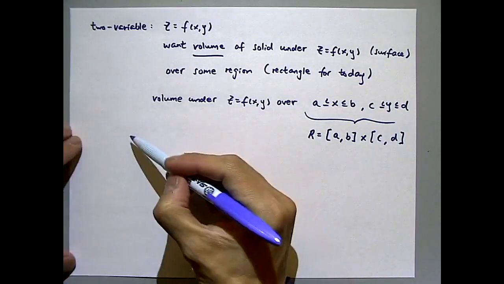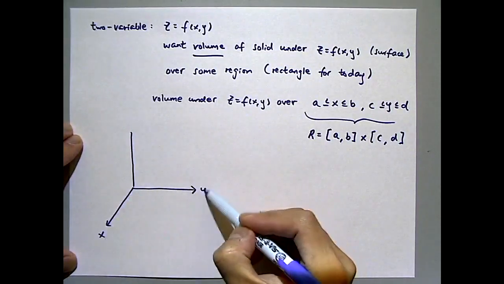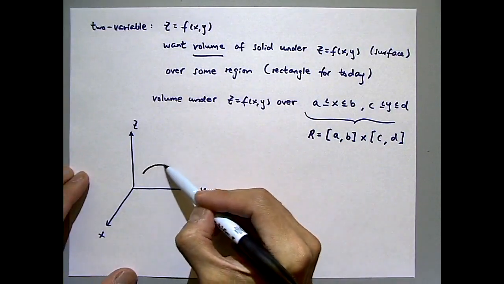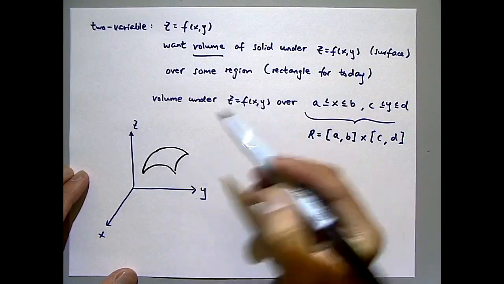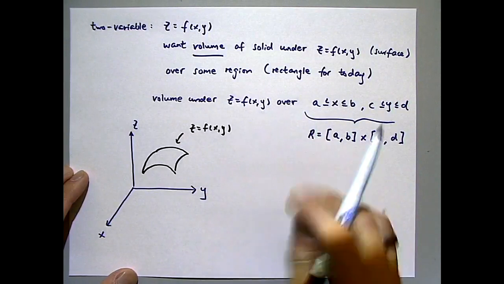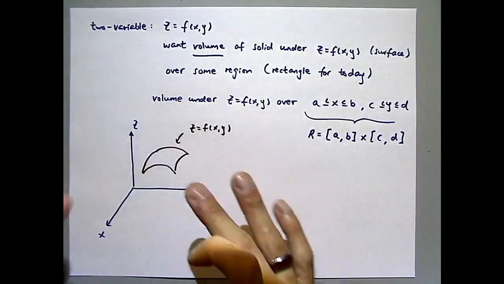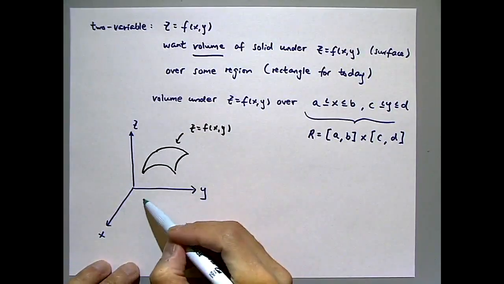And what might this look like? This is going to be a little bit harder to sketch because we're dealing with 3 dimensions, but we'll give it a shot. So imagine I've got this surface here, and I want to consider the solid that's formed by all the space right below it, above some rectangle. Let's just do the rectangle here.